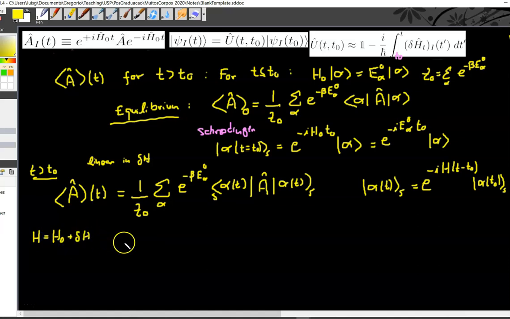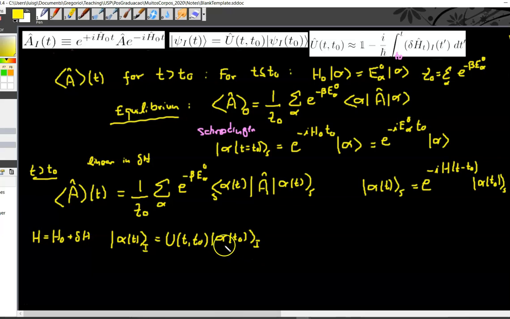Then in the interaction picture I'll have the time evolution of a state equals a time evolution operator U(t, t naught), we saw that in class, times the state at some time t naught, okay?